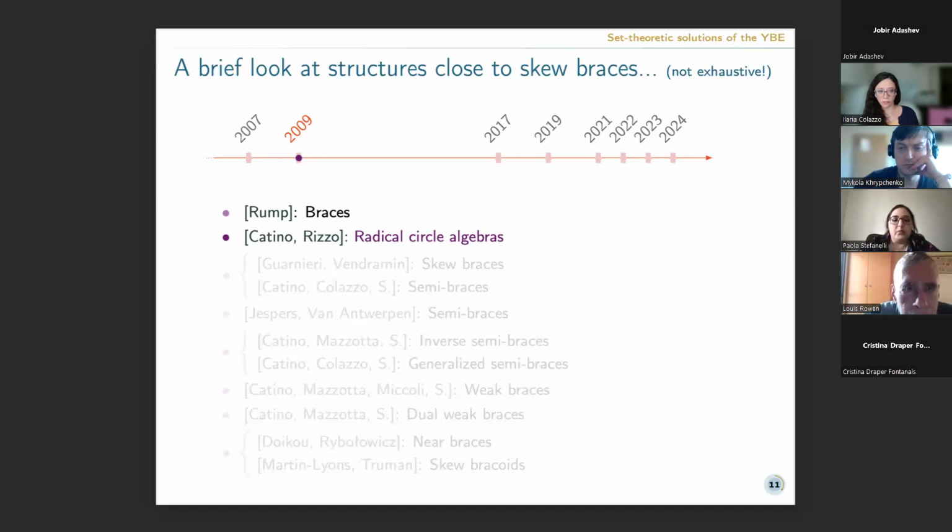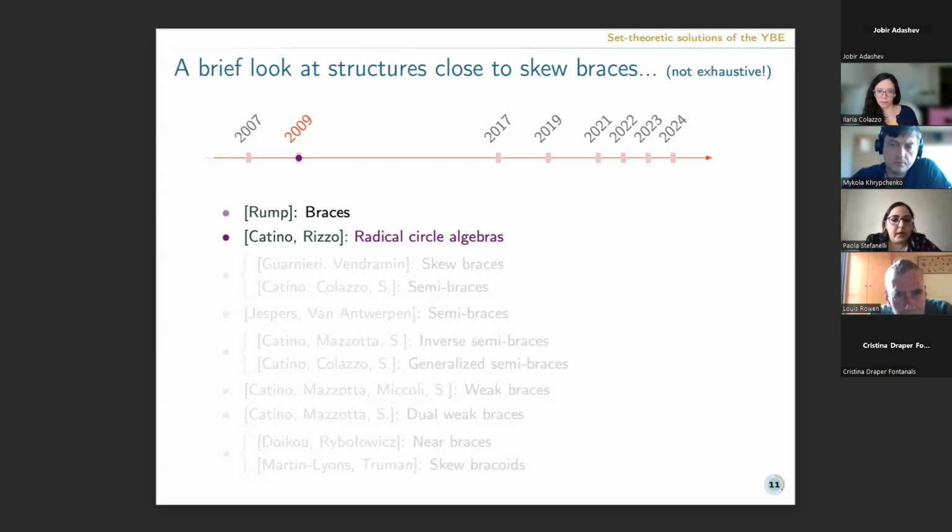That means braces that have a vector space as underlying additive structure. They studied this structure to answer another open problem, that is finding regular subgroups of the affine group of a vector space.